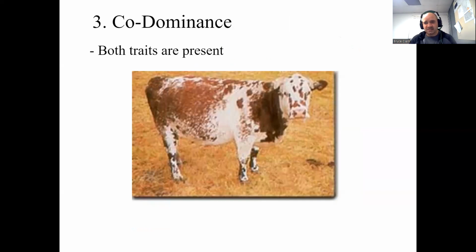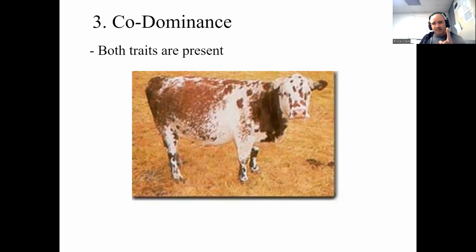Okay, so codominance. For incomplete dominance, we had a blending or a mixture, creating a third phenotype. With codominance, both traits are going to show up. So here we have a roan cow, which is the type of hair this cow has. It has a gene for that red, burnt orange color and a gene for the white color.